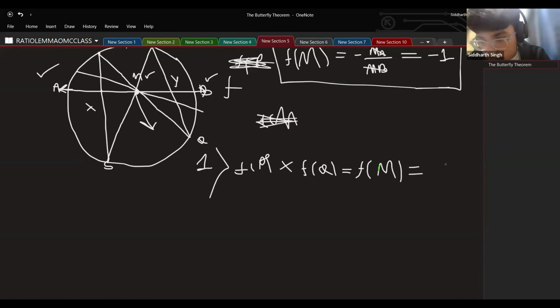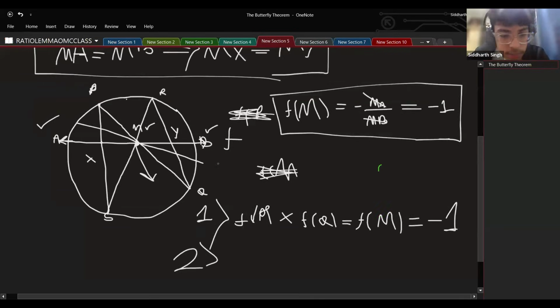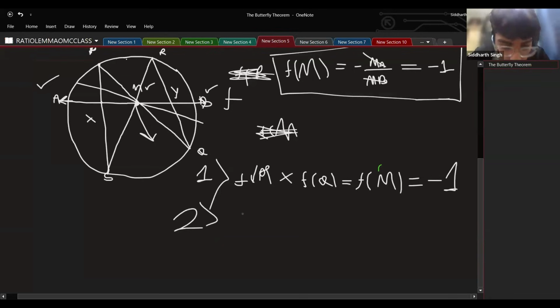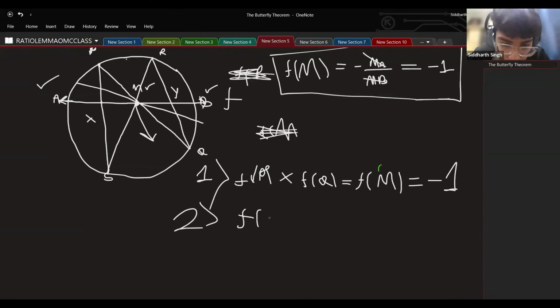And this is just equal to -1, which is pretty nice, don't you think? We can define q in terms of p, and we do the same thing for the chord rs. Then we have f of r into f of s.